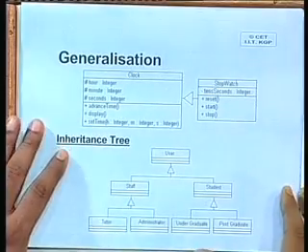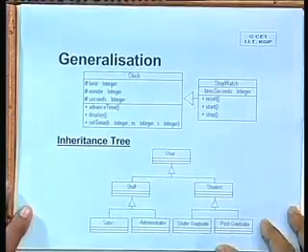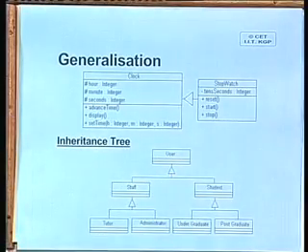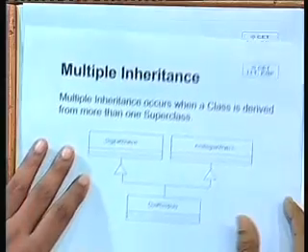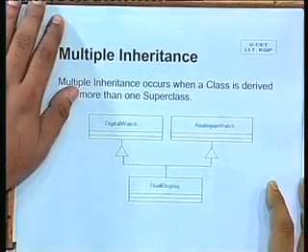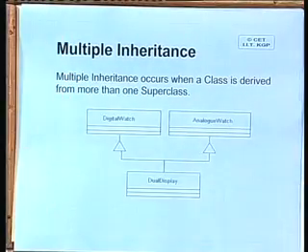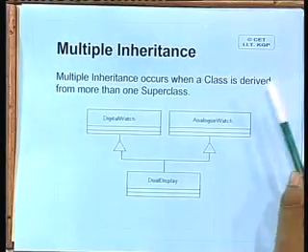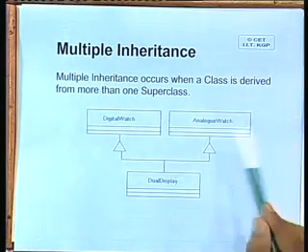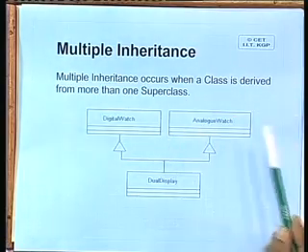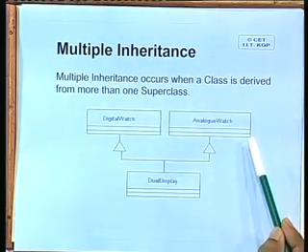Alright. So multiple inheritance is a special type of inheritance where the inheritance comes from more than one superclass. One example you can see here: the multiple inheritance occurs when a class is derived from more than one superclass. So we have the digital watch and the analog watch.